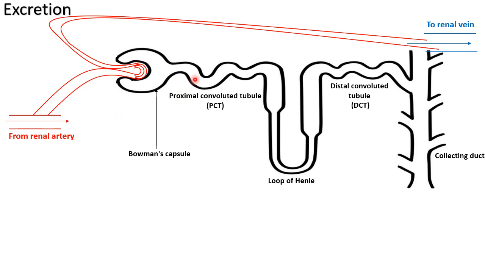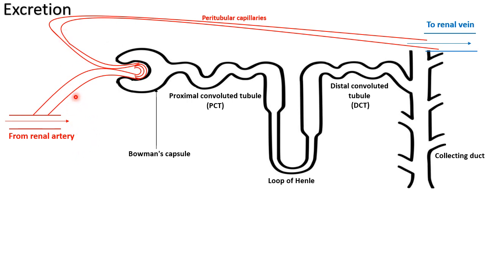So the blood capillaries here are surrounding the nephron tubules, so we call them peritubular capillaries. And we have two arterioles here: one arteriole that supplies the blood to the nephron, and another one that drains the blood.